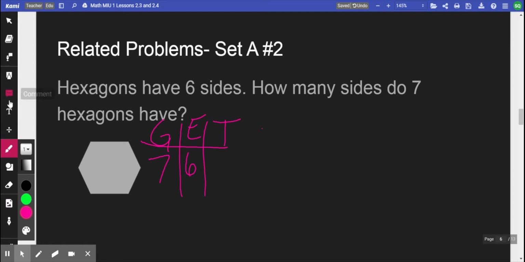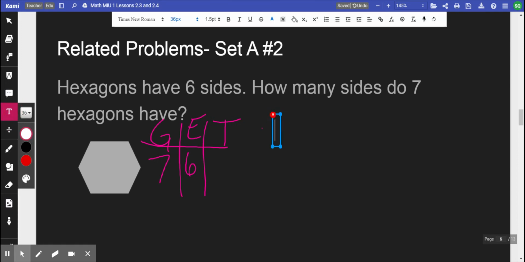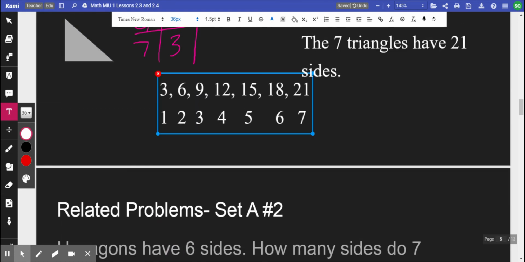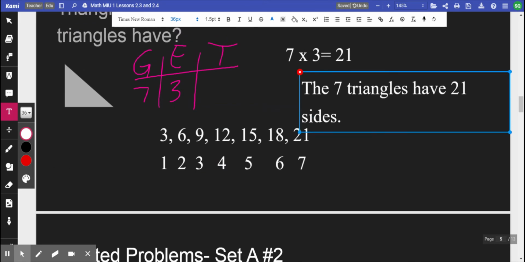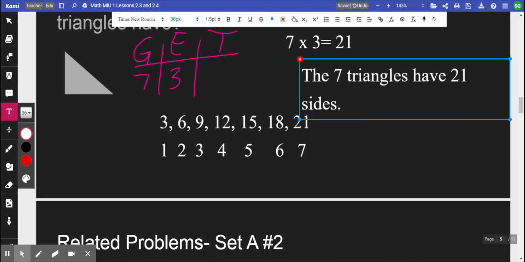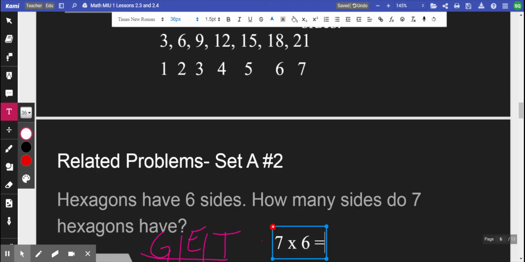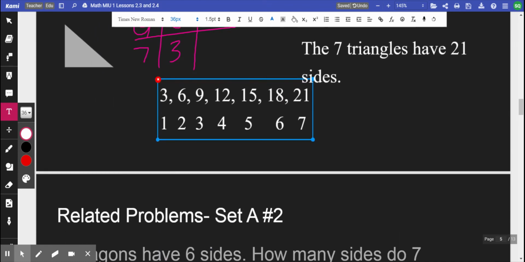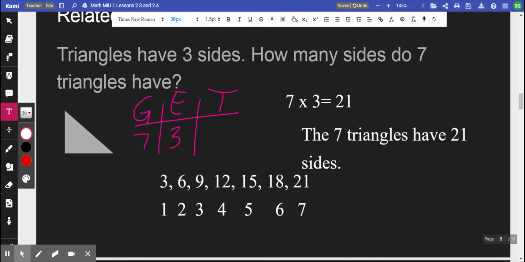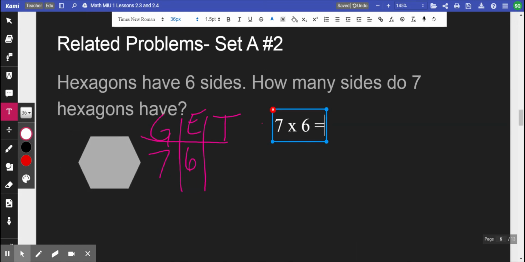Let's write my equation. 7 times 6 equals, hey, look at this, it has 7 again, just like last time it has the same number. And then look, it has 3 and 6, and 6 is a double of 3. So I wonder if my answer will be a double of 21.